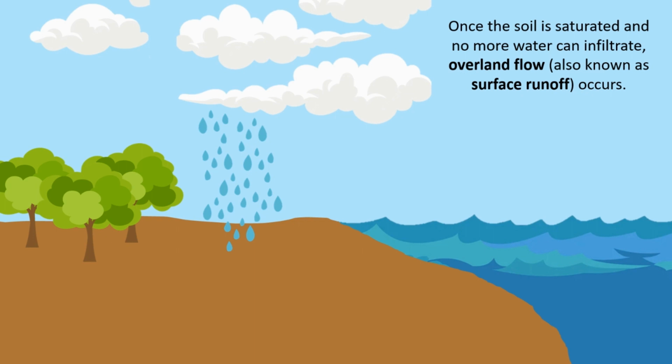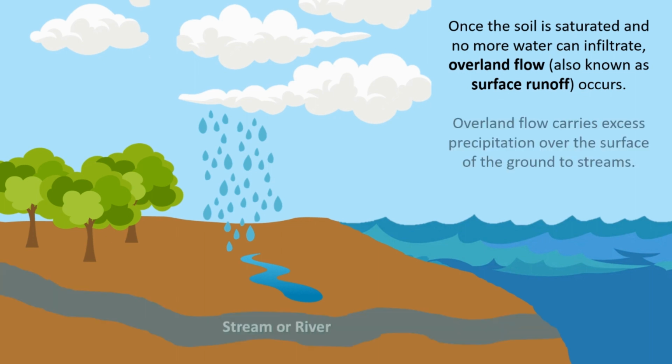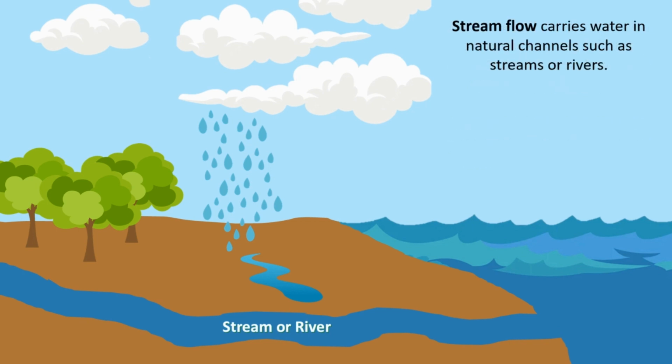It's the movement of precipitation water over the surface of the ground. And it gets carried to streams, rivers, or other mobile or stationary bodies of water. And once it's part of a river system, the movement of the water from there is referred to as stream flow. And eventually, stream flow carries the water back to the ocean.